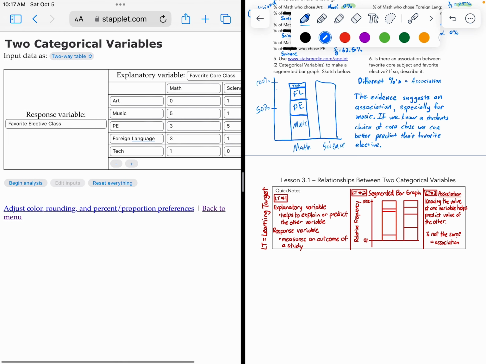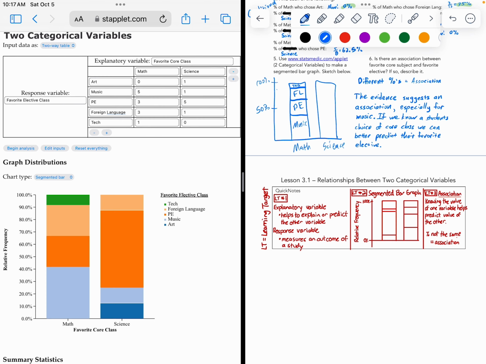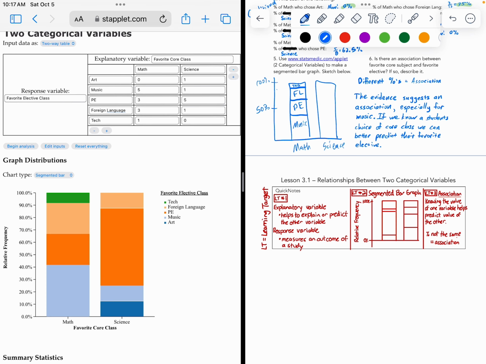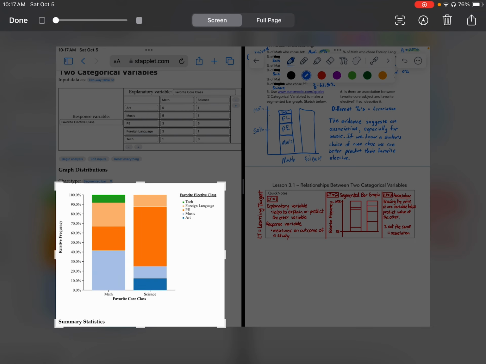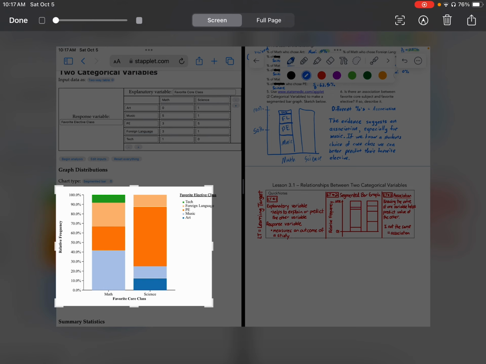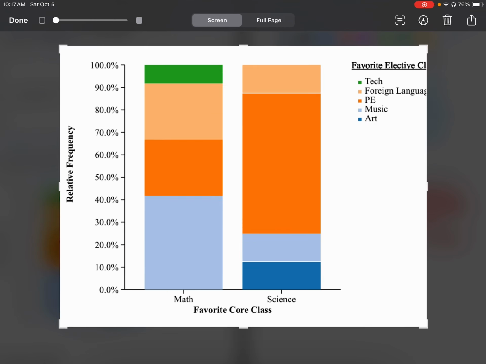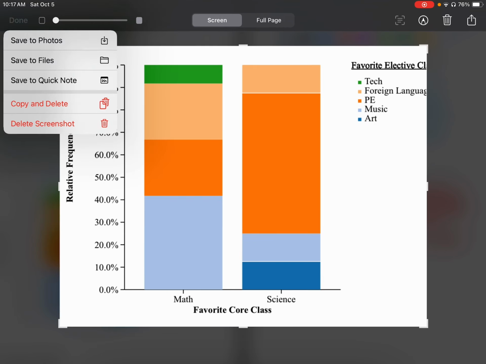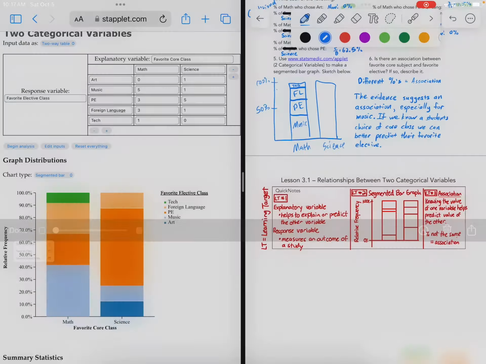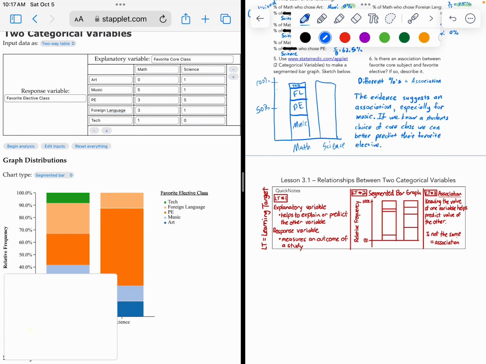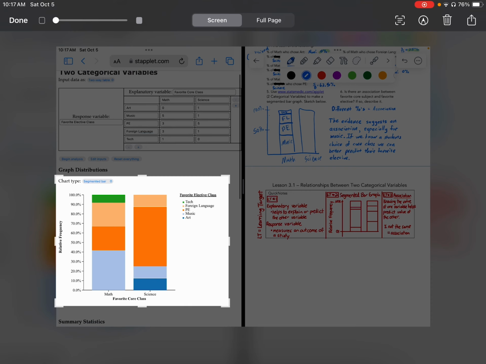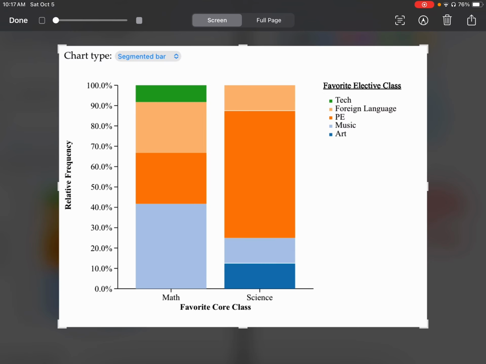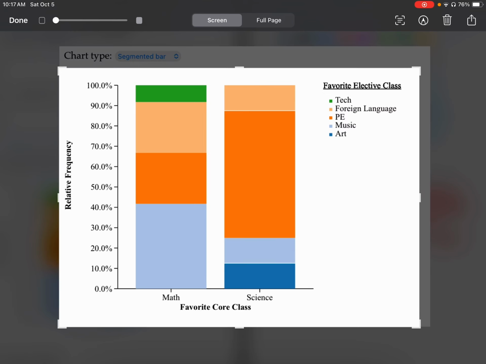So let's just begin analysis, and there it is. Then I can just take a good old screenshot of this bad boy. It has my key on the side here. Oops, I missed the whole key. There we go.